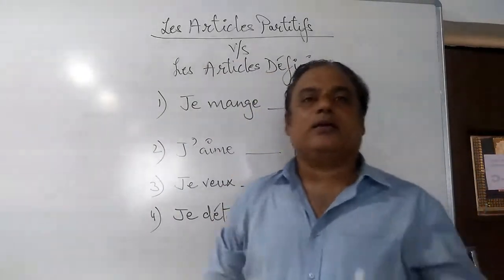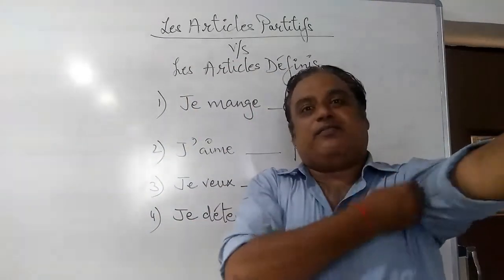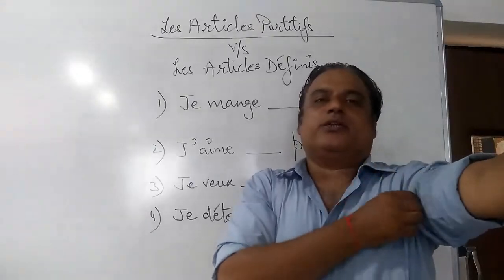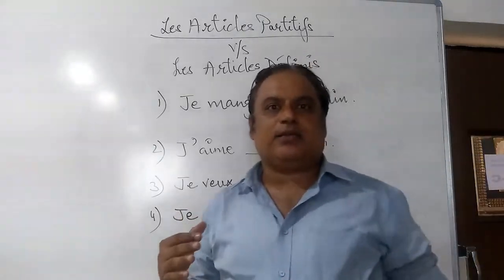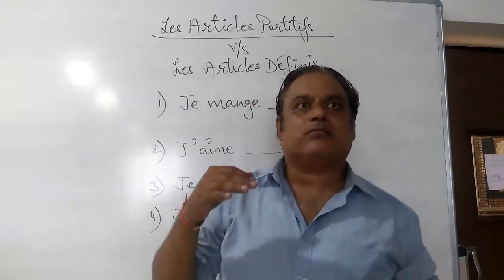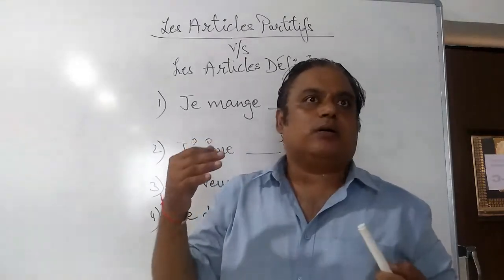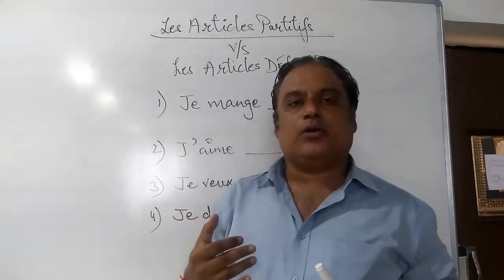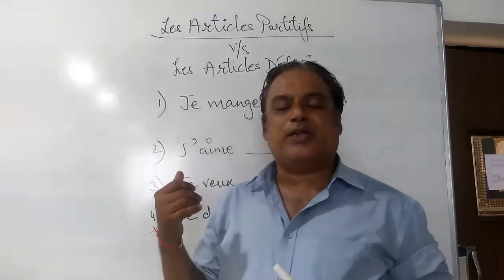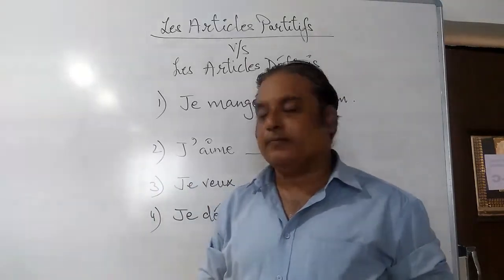Now, how to determine which article, the partitive or the definite one, has to be used in the sentence? It's very easy. I have devised a very easy method to find out which article to be used where.